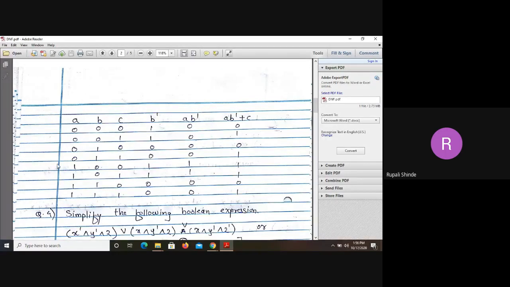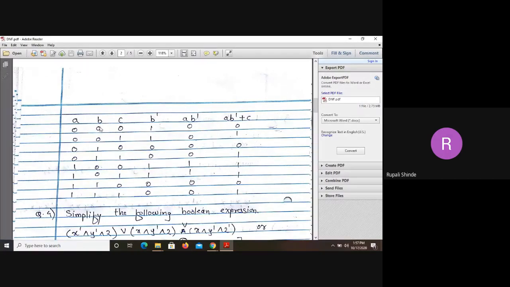We have seen this part in unit number 1. If three variables are there, then there are 8 possible combinations of truth values and those are given here. Now B's complement. Complement means we have to take negation of this column B.